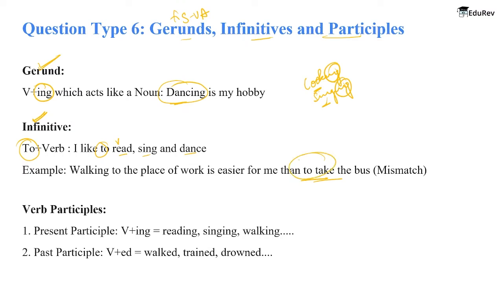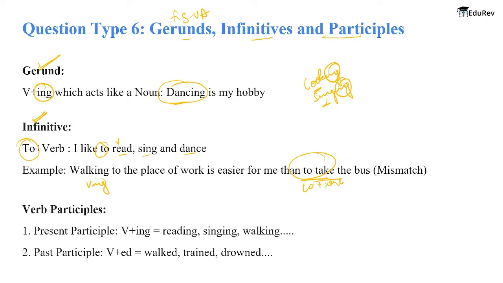So than to take the bus here is what? It is not right. Can I write here that with walking, it was written in the V-ing form? Can you just remember that we did the parallel structures, that they have to be in a similar structure? So here it is verb plus ing, and here it is written to plus verb.